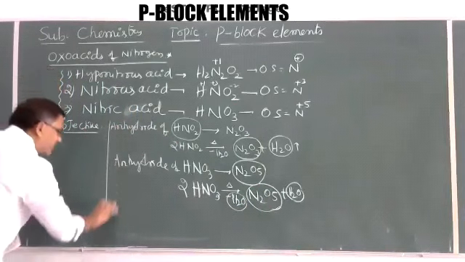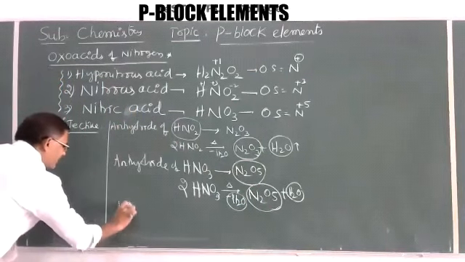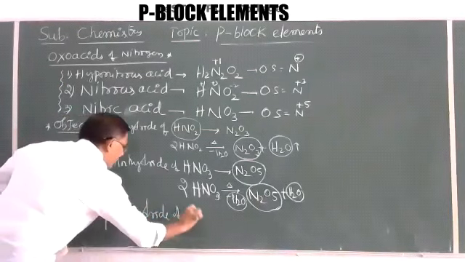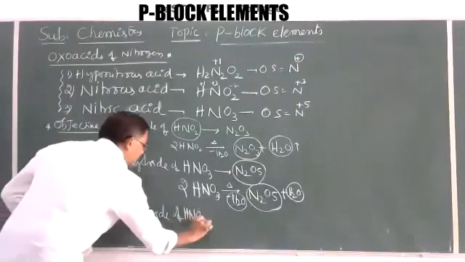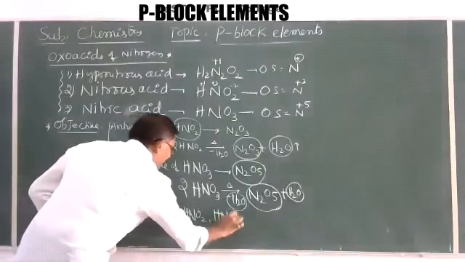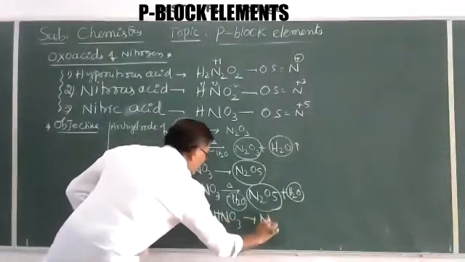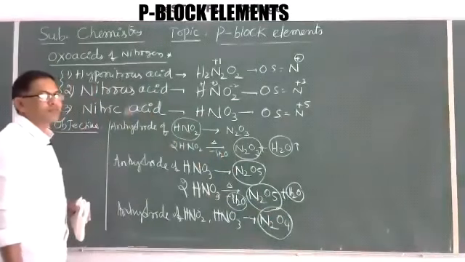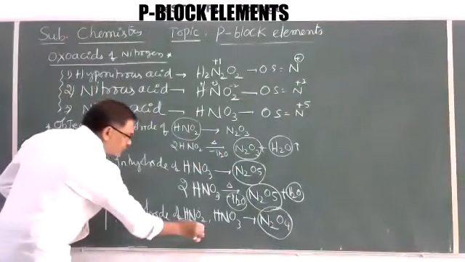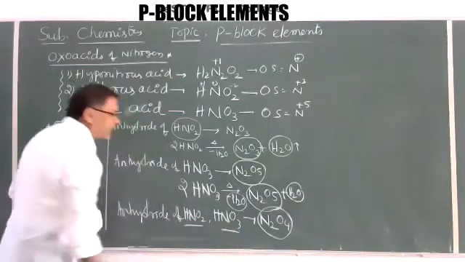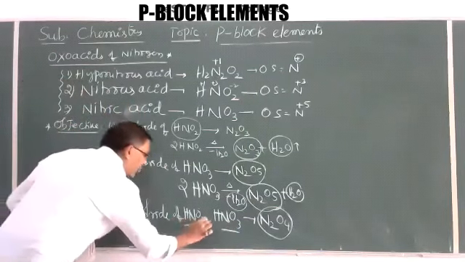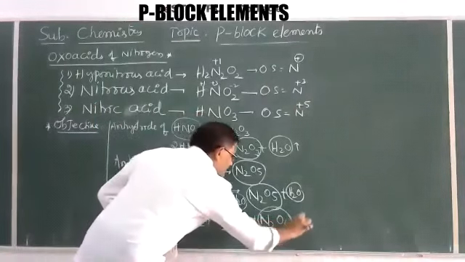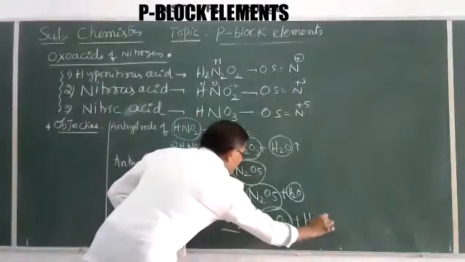And another important third case is the anhydride of HNO2 as well as HNO3, which is N2O4, nitrogen tetroxide. So the combination of HNO2 and HNO3, on heating these two molecules, we get N2O4 plus water, which evaporates.